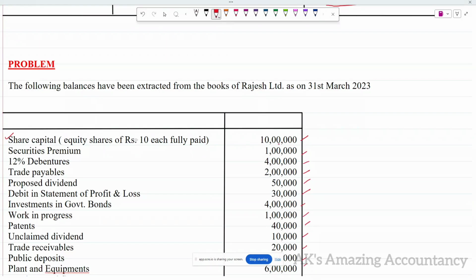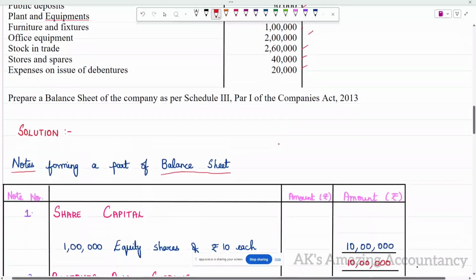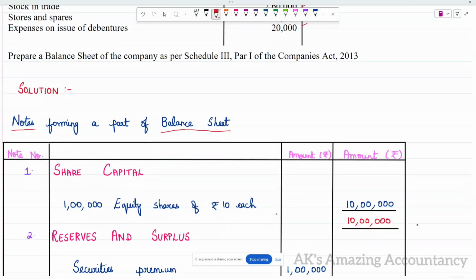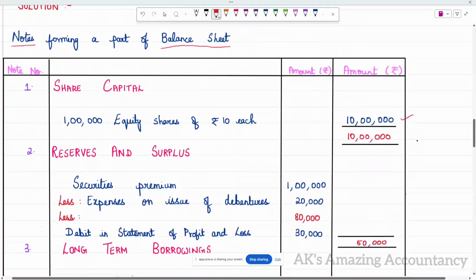This actually means we have 1 lakh equity shares of rupees 10 each. So this will come under note 1. Under note 1 share capital, enter 1 lakh equity shares of rupees 10 each, which will give you 10 lakhs. So this is what we'll have under note 1.